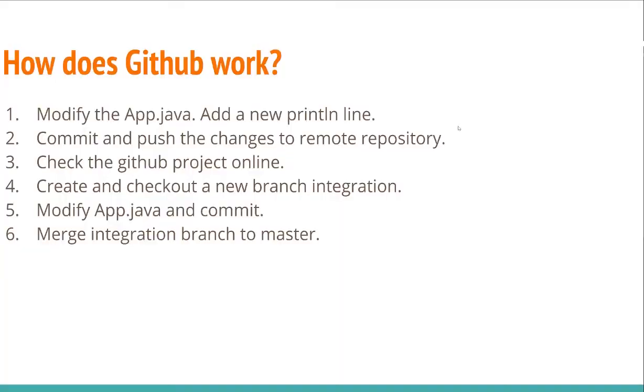How does GitHub work? Why go through all those troubles of creating a GitHub account and connecting our local project to it? In this slide, I will demonstrate a workflow that I do daily as a Java developer. Number one, modify the App.java and add a new print line.